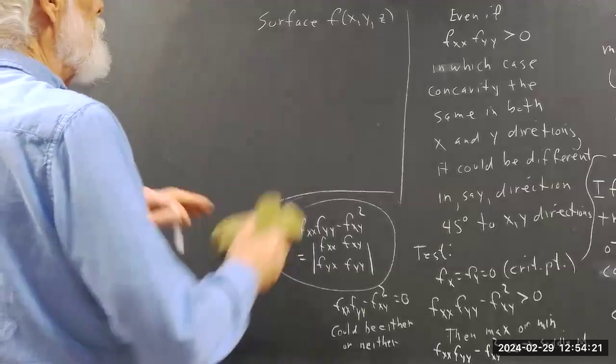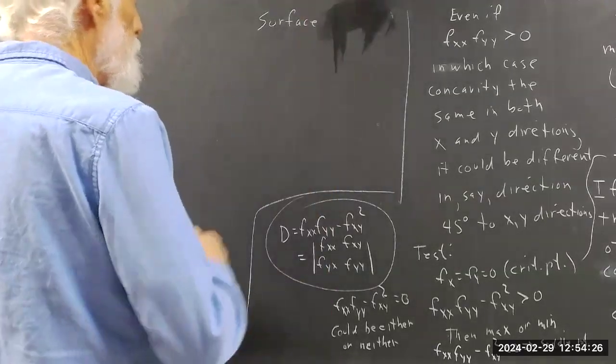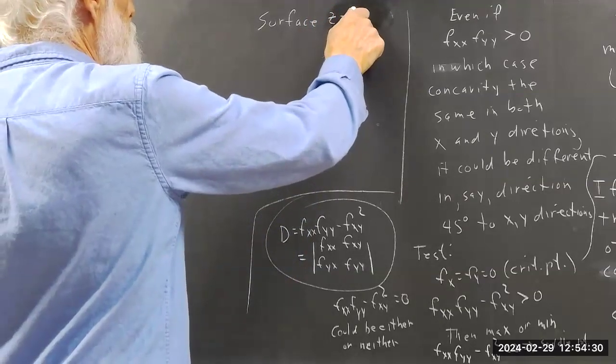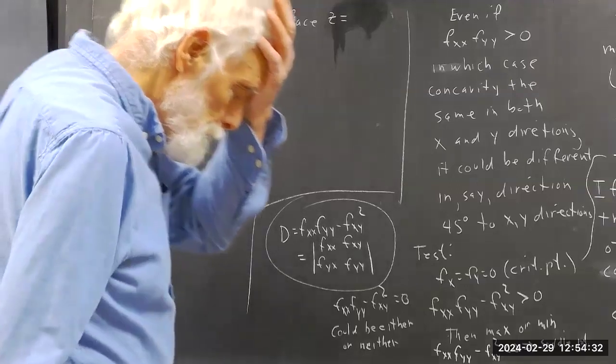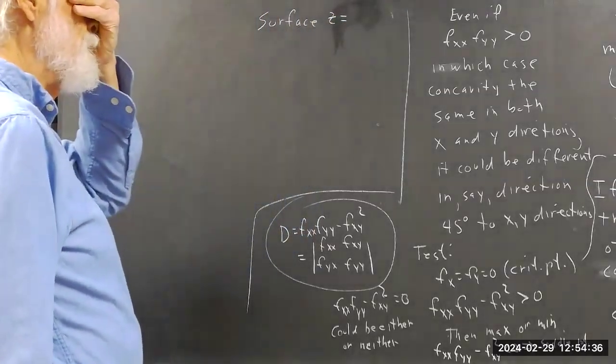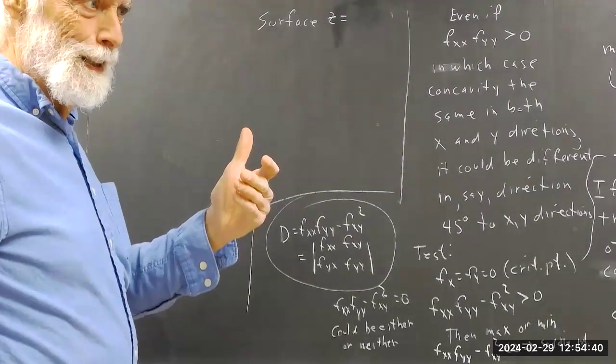I'm debating. Let's just start. Now I've got my notation. What notation does your book use? Which function is f and which function is g? I don't remember.